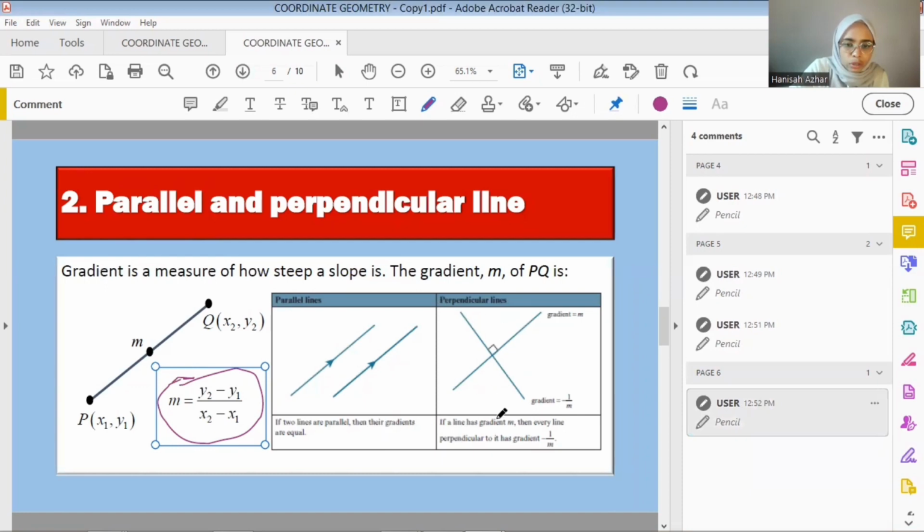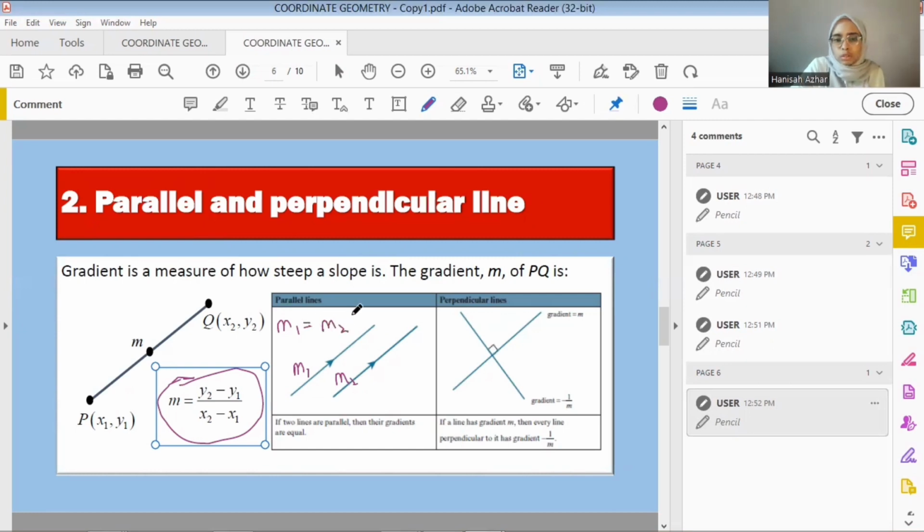So here we have two pieces of information given. When two lines are parallel, their gradients are equal. Let's say the first line has m1 and the second line has m2. So the gradient m1 is equal to m2.